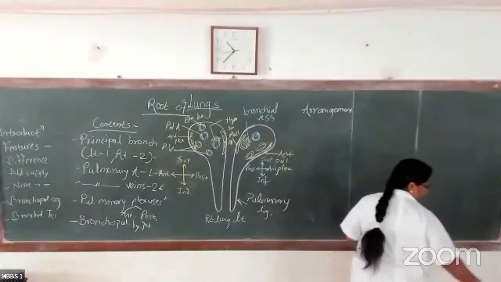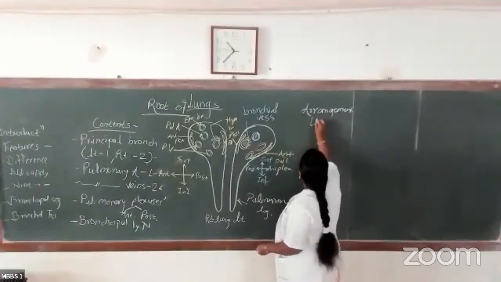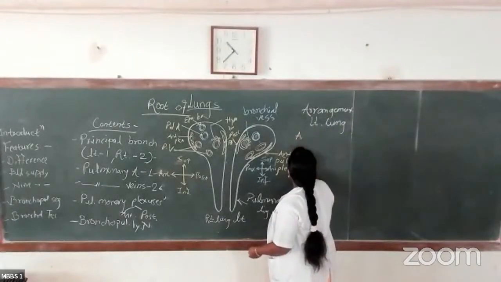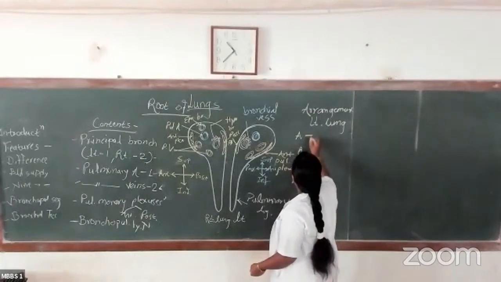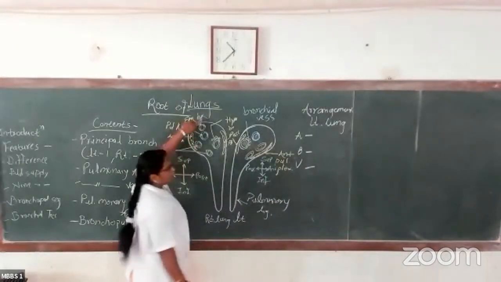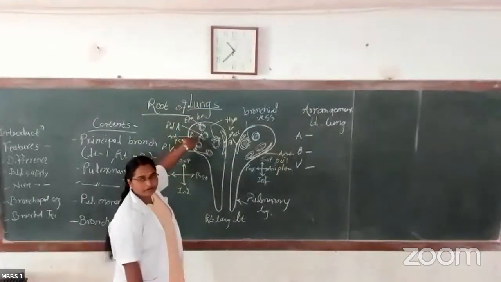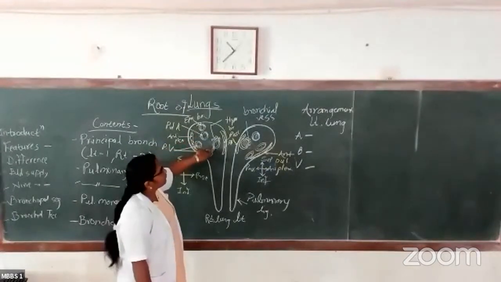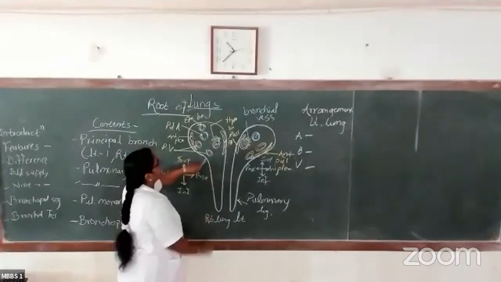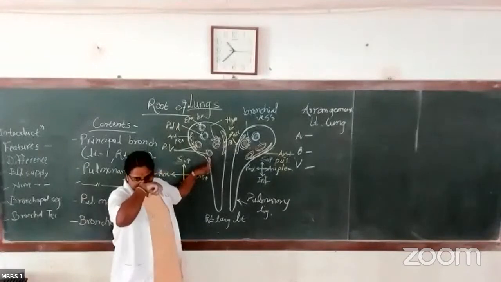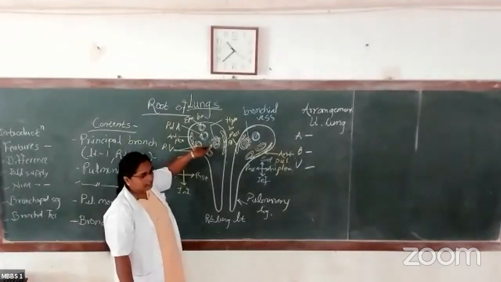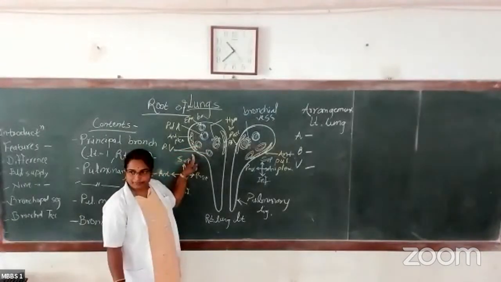In case of left lung, it can be remembered as A, B, B. A for from above downwards, A, B, B. That is A for pulmonary artery, B for bronchus, and B for lower pulmonary vein.